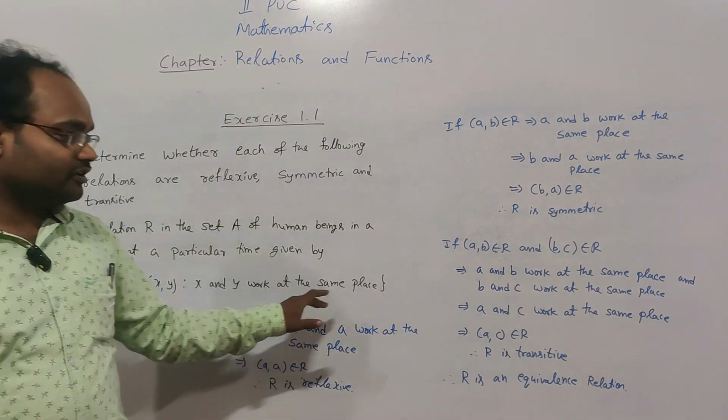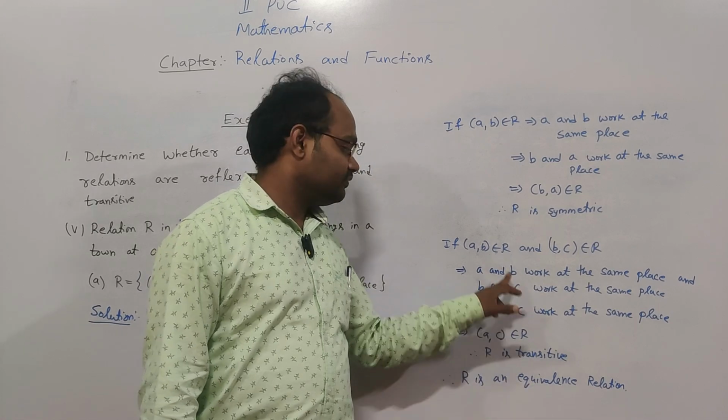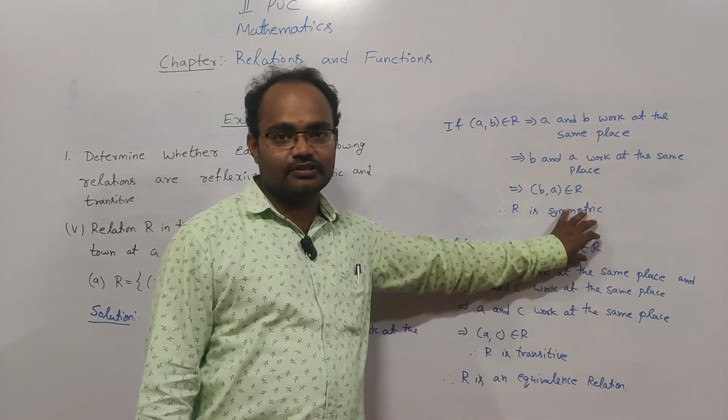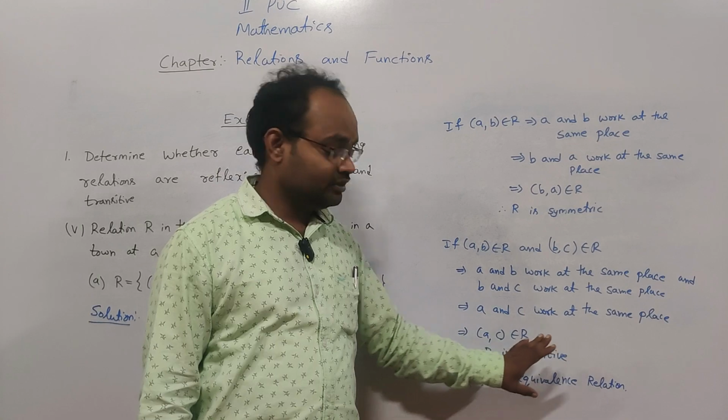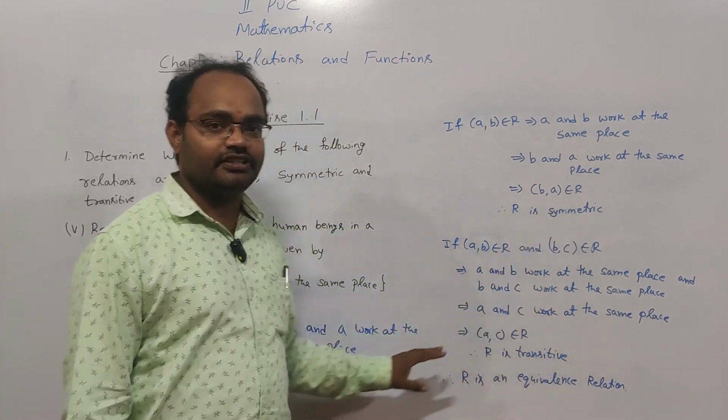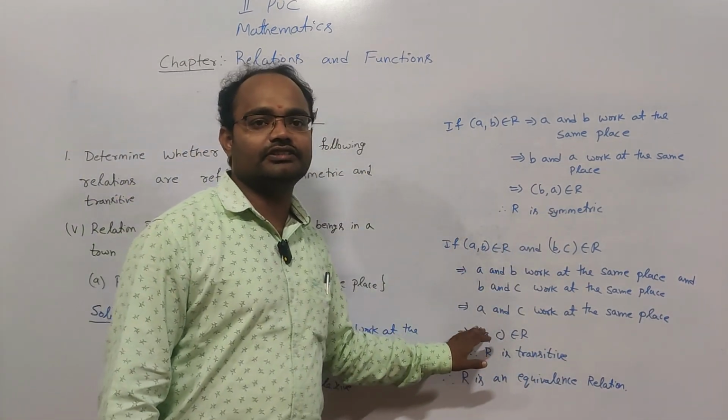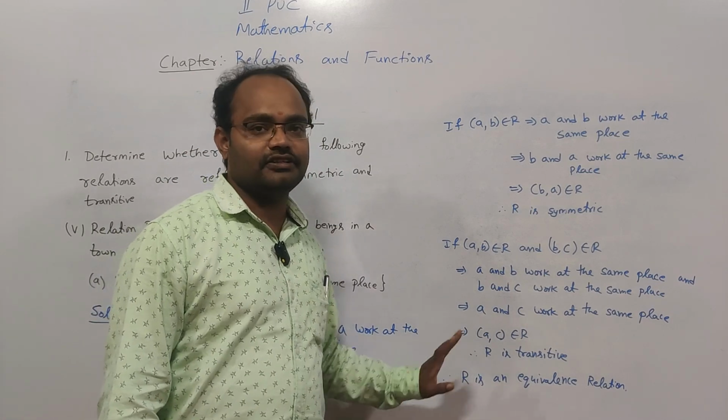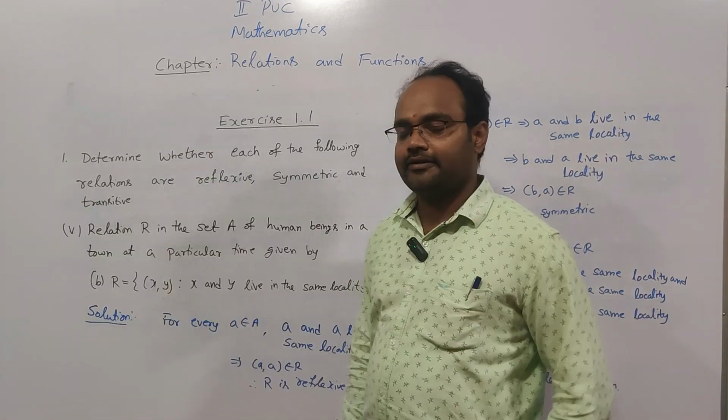So therefore (a, c) belongs to R. We considered (a, b) belongs to R, (b, c) belongs to R, and we have (a, c) also belongs to R. It is transitive. So this relation is reflexive, symmetric and transitive. So it is an equivalence relation, right?